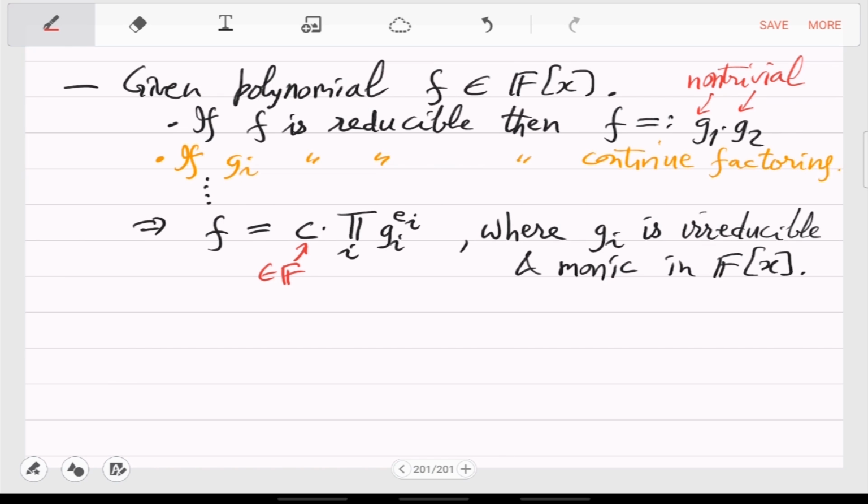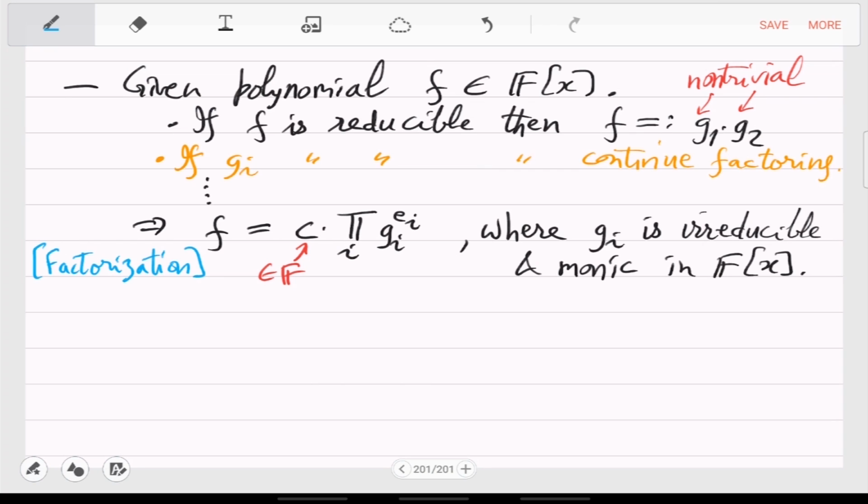Is this clear? The number of these Gi will only be finite, because when you factor, the degree falls. So we have shown that there is always a factorization into monic irreducibles. That is what we have shown in this thought experiment.